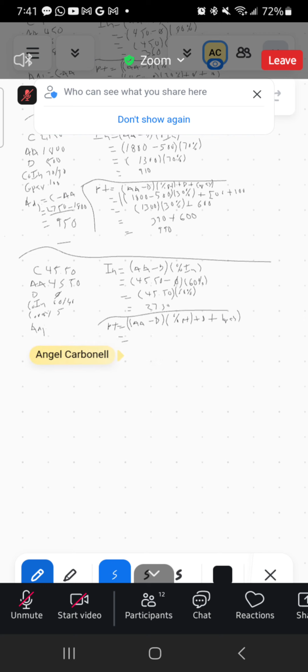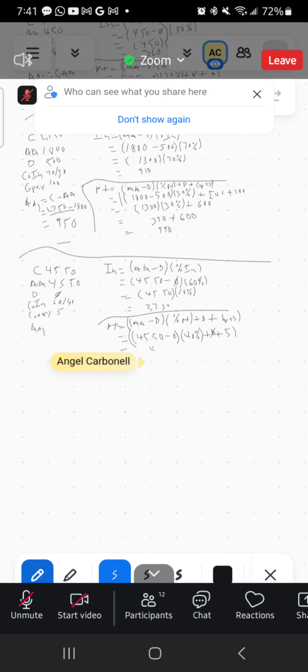So substitute the numbers. 4550 minus 0 times 40% because this is the patient. That whole thing we're going to add deductible, in this case 0, plus co-payment, we said $5.